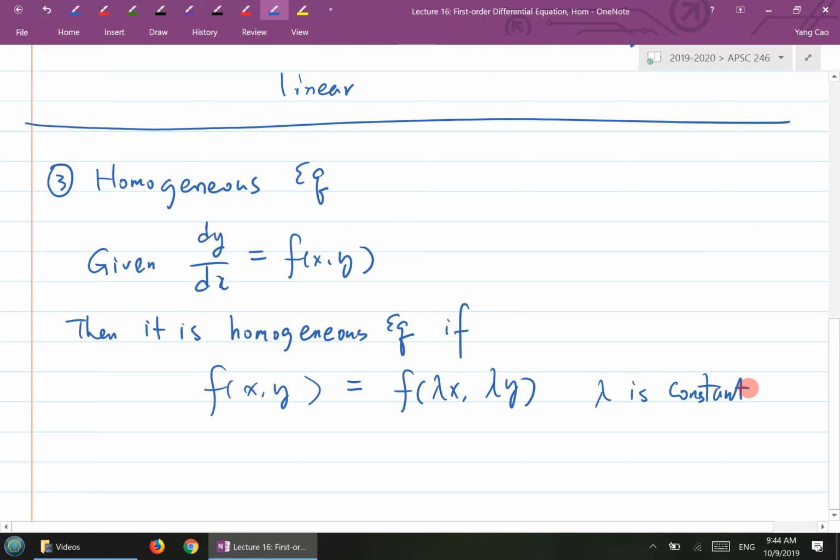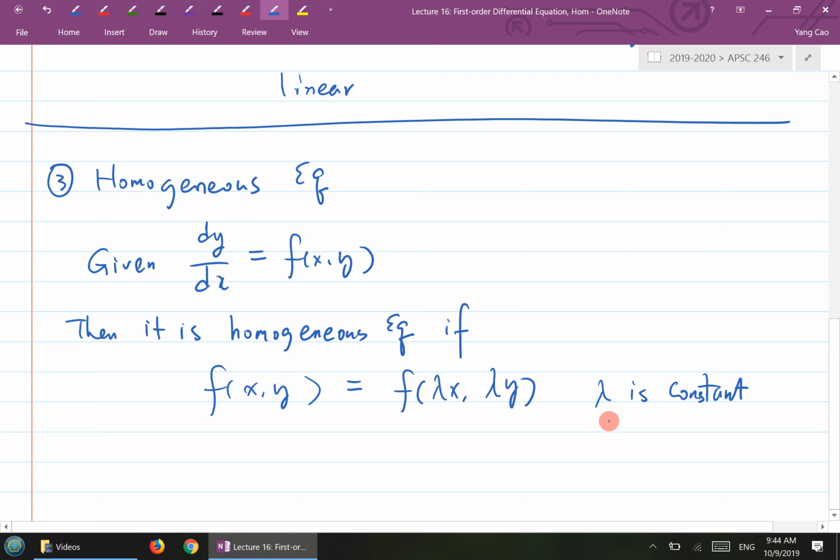And that's how the name homogeneous is defined. If the right side function f is the same as function f, but you change the x, y to lambda x, lambda y with arbitrary constant lambda.